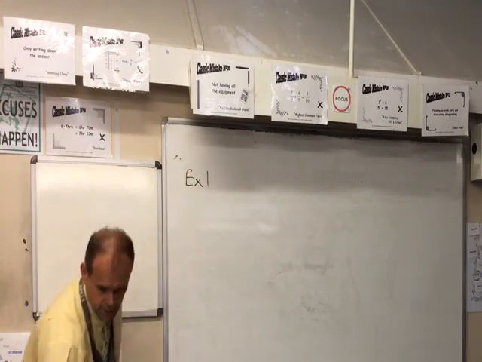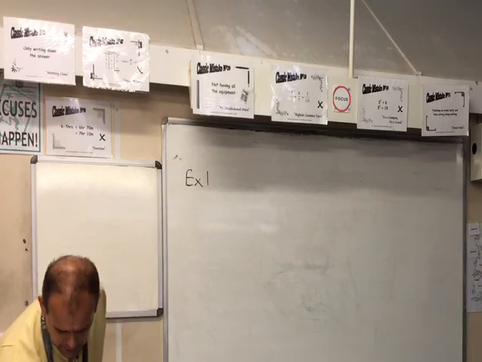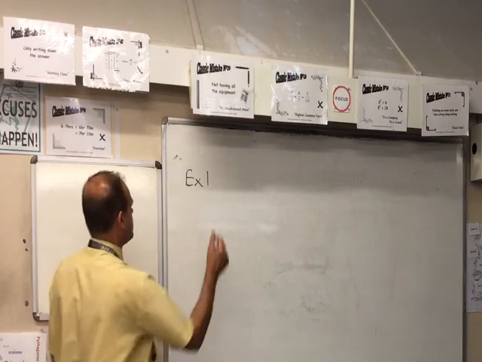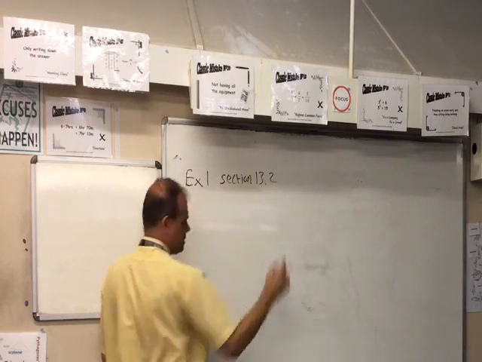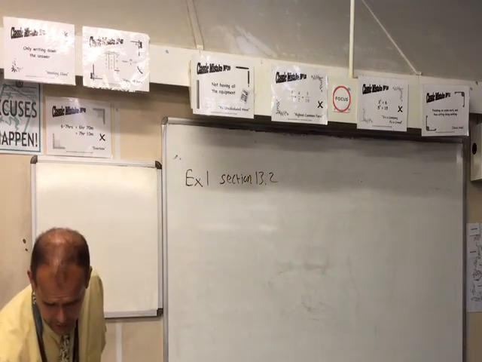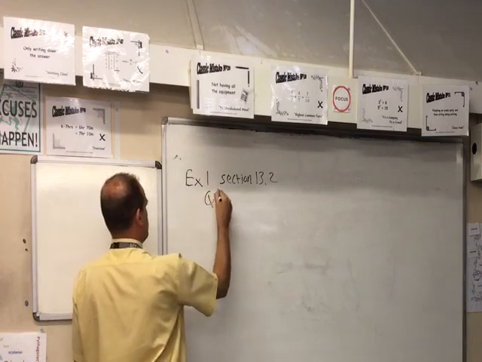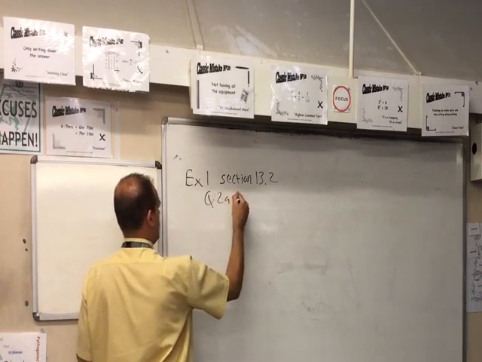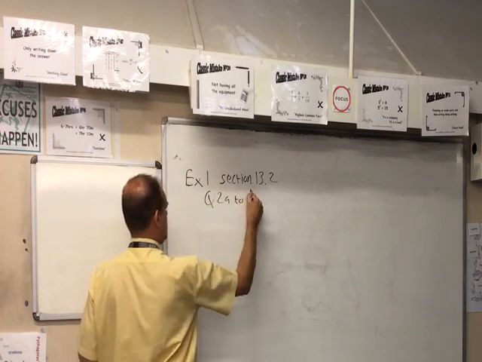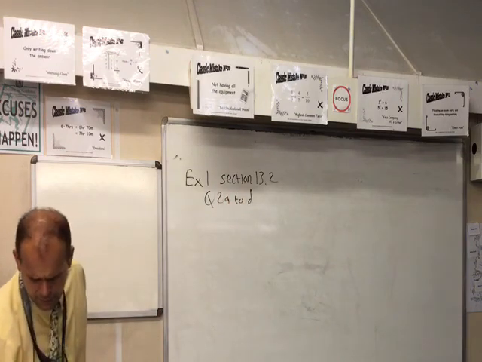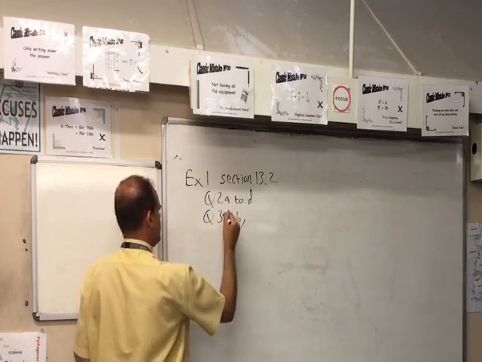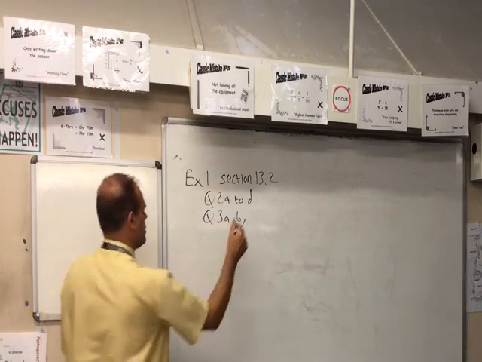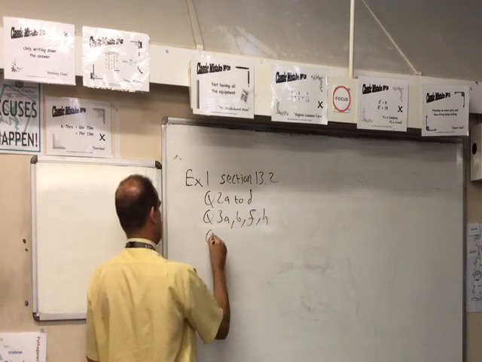Okay, it's section, rather than give you the page number, it's section 13.2, so you'll be able to get to it because the page numbers are slightly different to term. And the questions I'd like you to have done or go through are 2a to d, 3a, b, f and h, and then do question number 4.